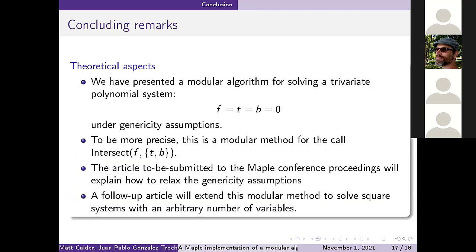So the conclusions, we present in this work an algorithm for solving a trivariate system of polynomials, F, T, and B equals 0. And we are trying to extend this to the n variable cases, and we also are trying to relax our genericity assumptions to make our algorithm more general.